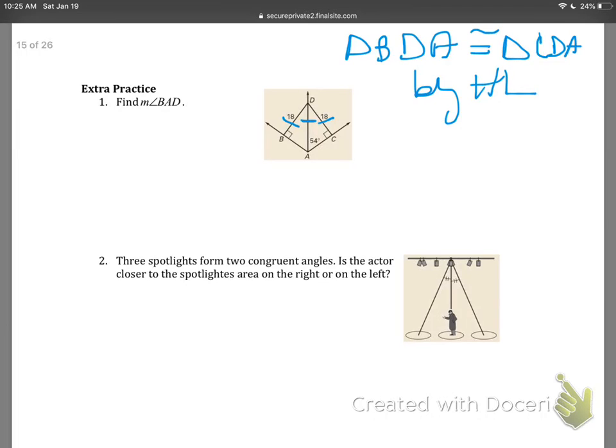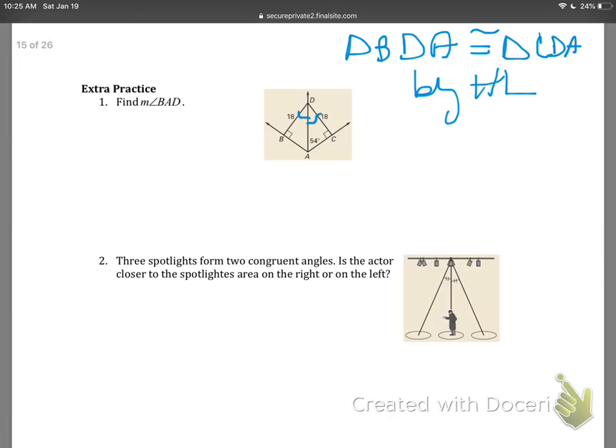Once I know that, the next thing I know is that angle BDA equals angle CDA, so we'll get rid of some of my markings here. So this angle has to equal this angle by virtue of corresponding parts.